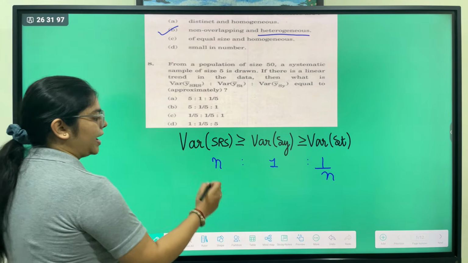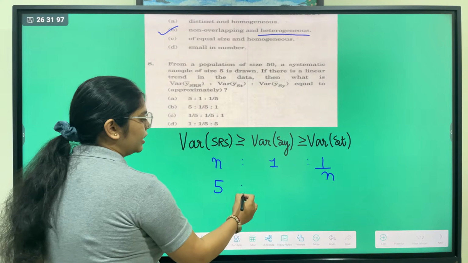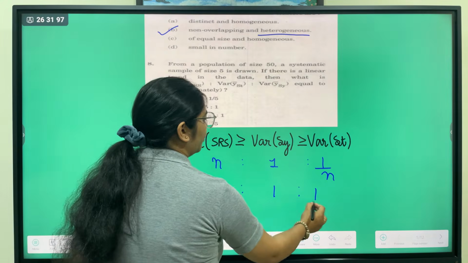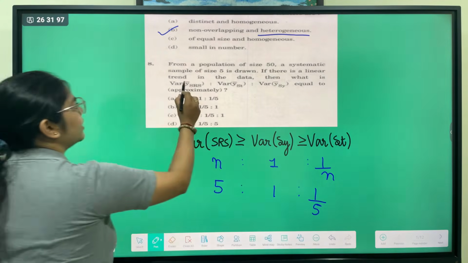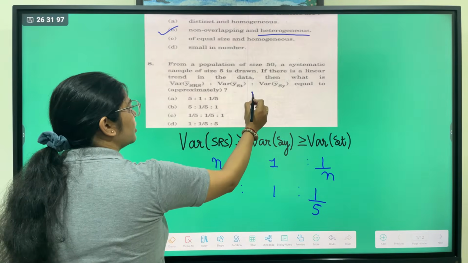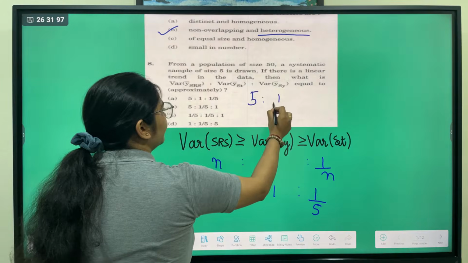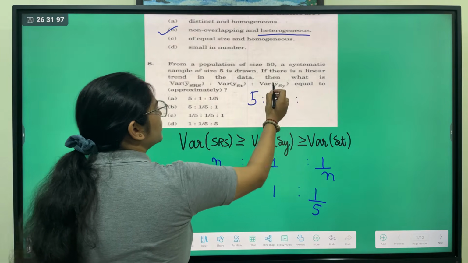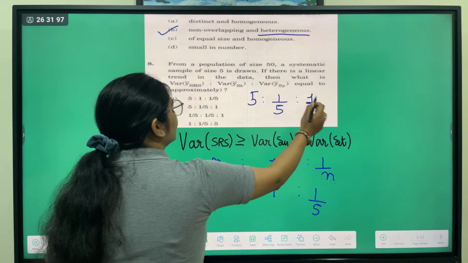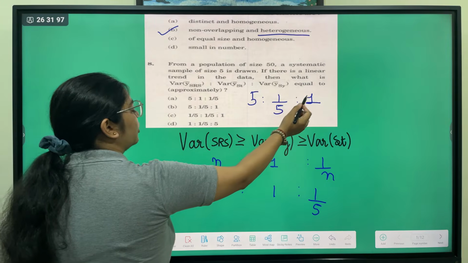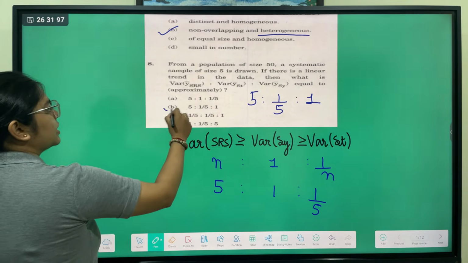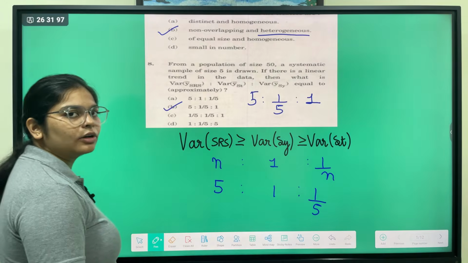So here n is 5, so it is 5 ratio 1 ratio 1 upon 5. So consider it, variance of simple random sampling is 5, variance of stratified is 1 by 5, and variance of systematic is 1. So our ratio is 5 is to 1 upon 5 is to 1, which is our option number B as the correct option.